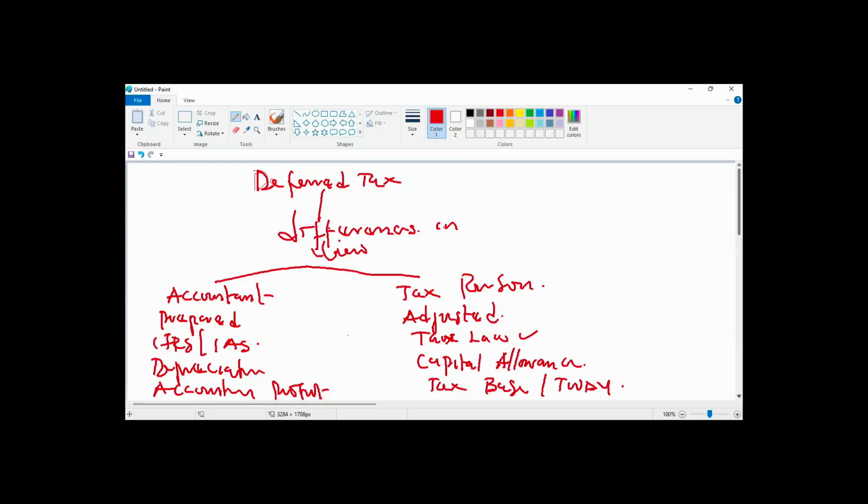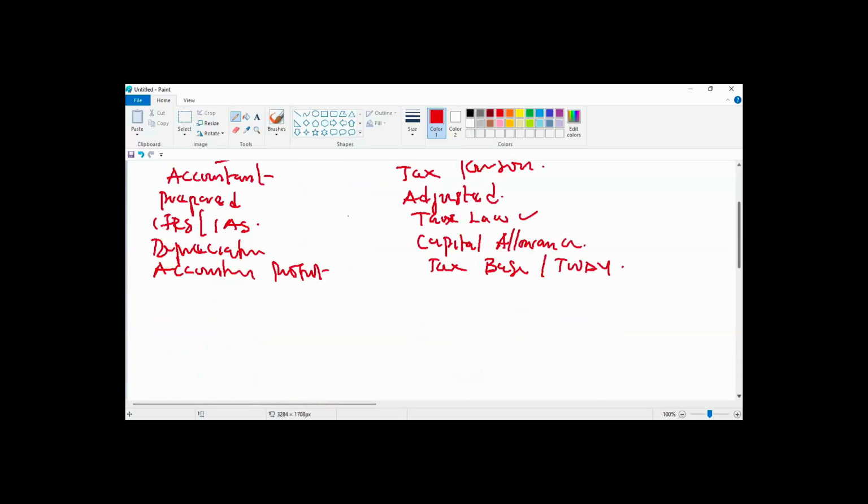This person will say carrying amount, the amount the item is recognized at in the financial statement, while this person will say tax base or tax written down value.